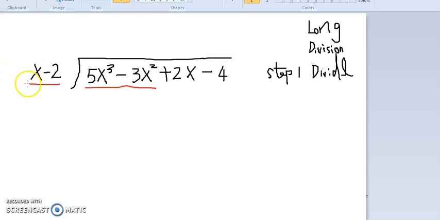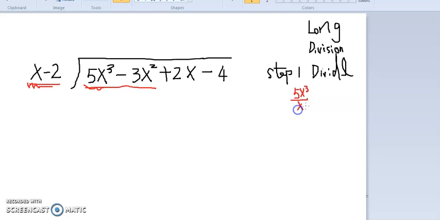But we only need to use the first term as a sort of approximation. We're going to take 5x cubed because we're trying to figure out x into 5x cubed how many times. So we take 5x cubed divided by x. Just like if we try to figure out 2 into 10 how many times, we will take 10 divided by 2. So the same thing here.